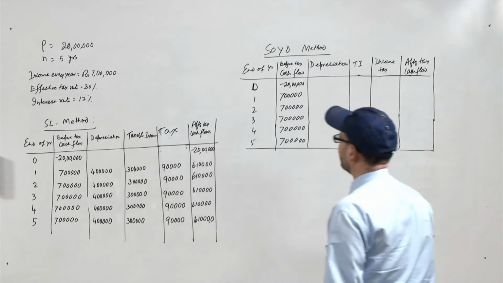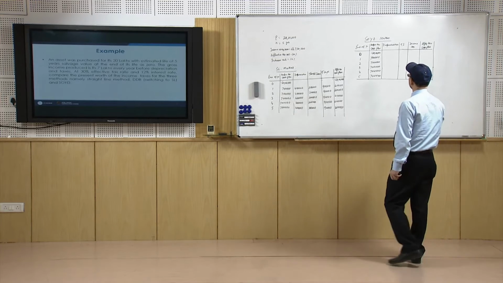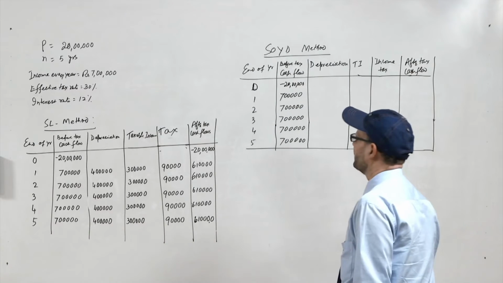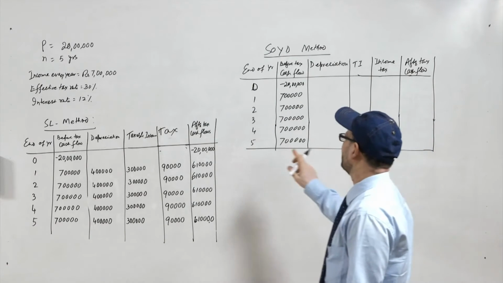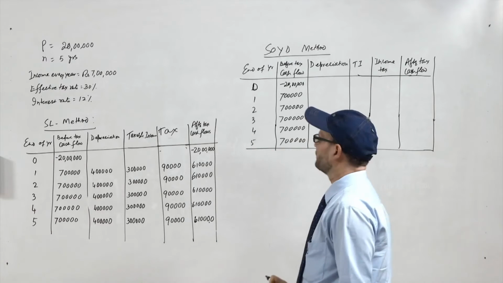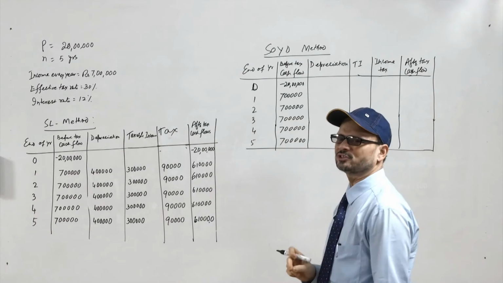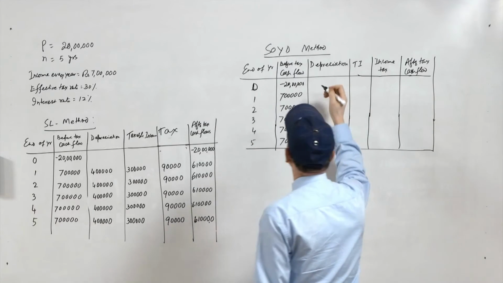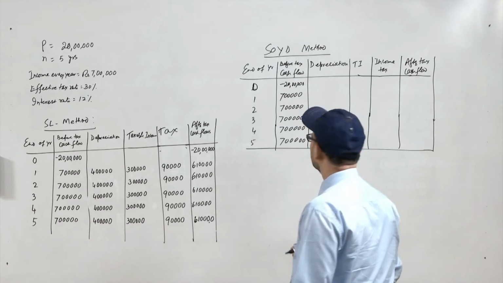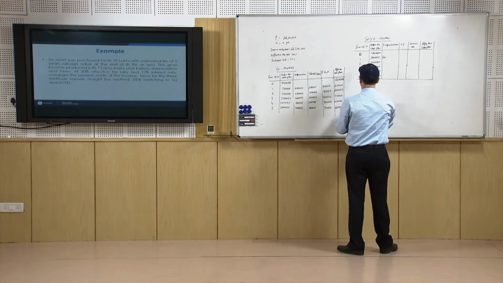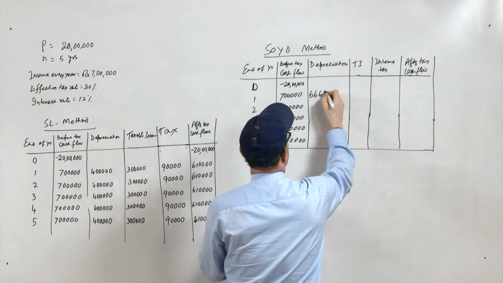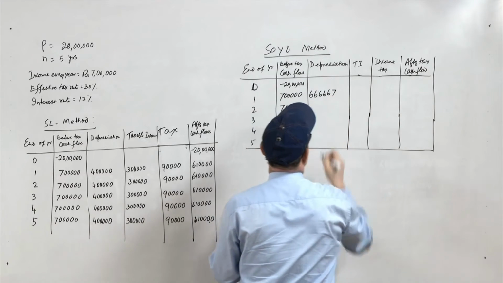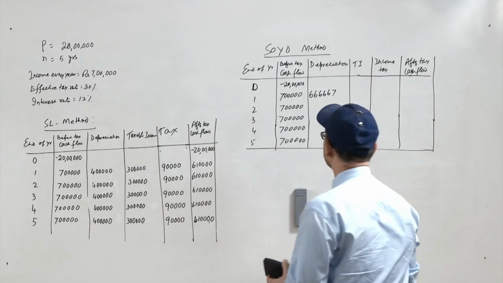In the case of SOYD, the depreciation during the first year will be 5 upon the sum of years digits. The sum of years digits is 5 into 6 by 2, so it is 15. So, 5 by 15 into 20 lakhs is 6,66,667.